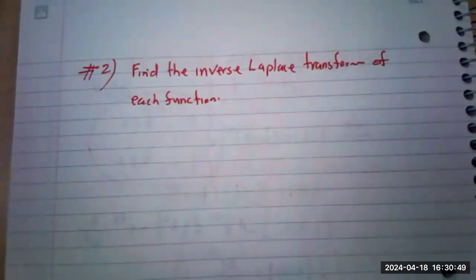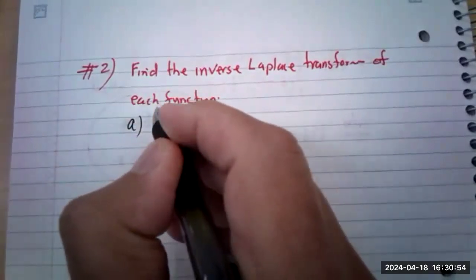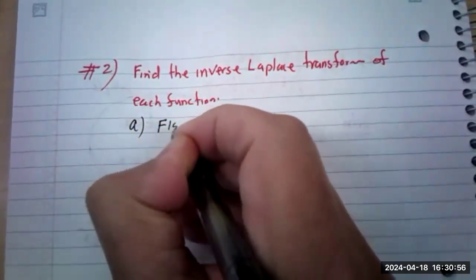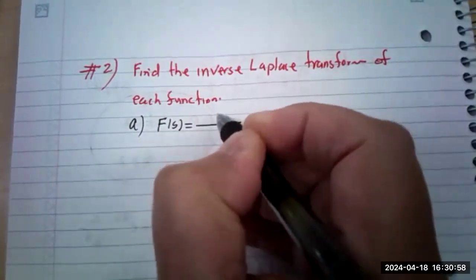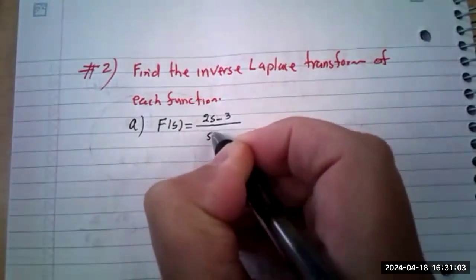That's it. Take them one by one. The first one is very standard. F of s is equal to 2s minus 3 over s squared plus 4.